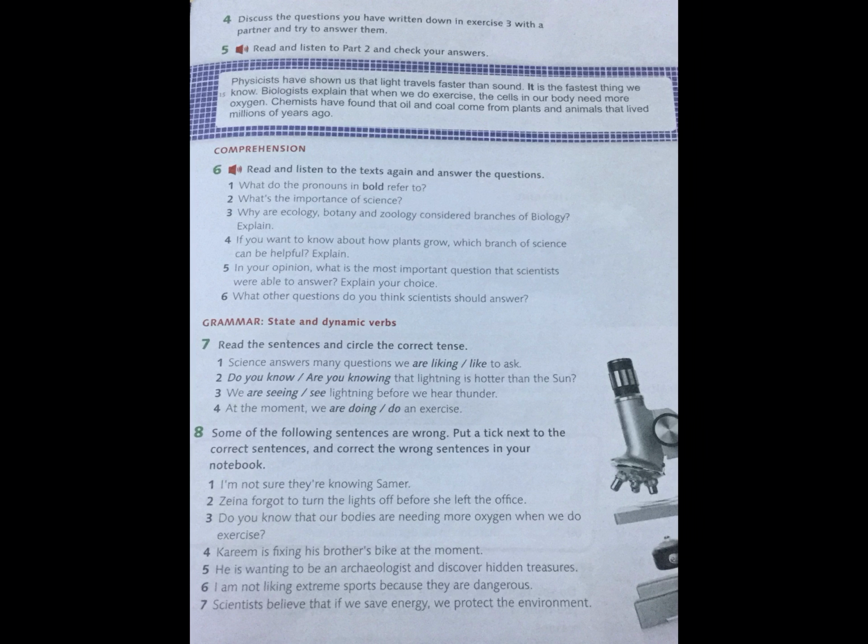Okay, now moving down to 8. Some of the following sentences are wrong. Put a tick next to the correct sentences and correct the wrong sentences in your notebook. So how do we solve this? The way to solve it: if the verb is wrong, we write the verb without ing.